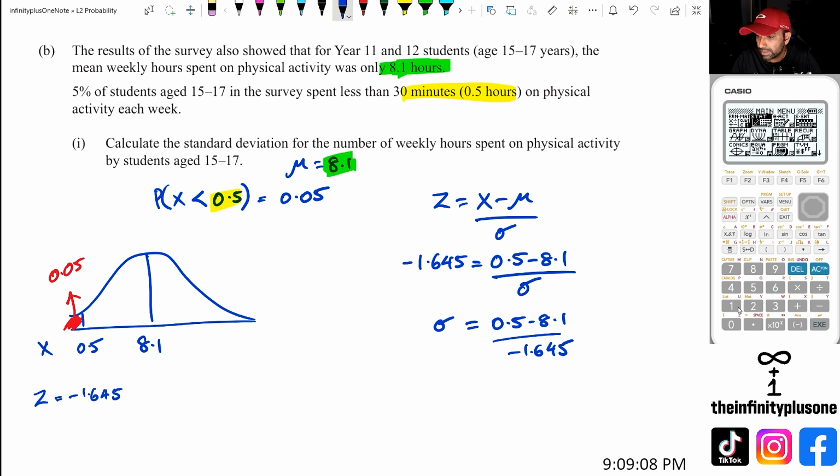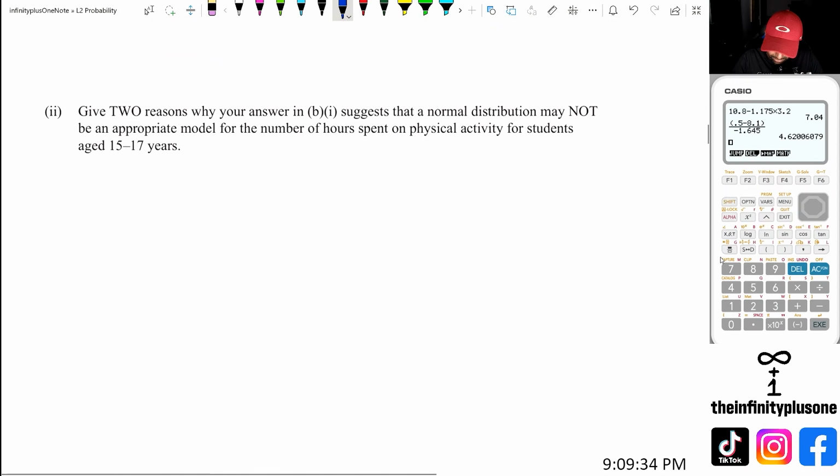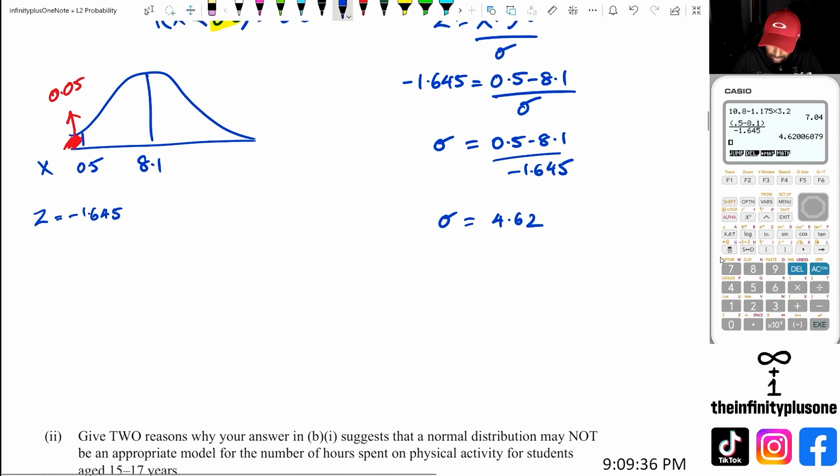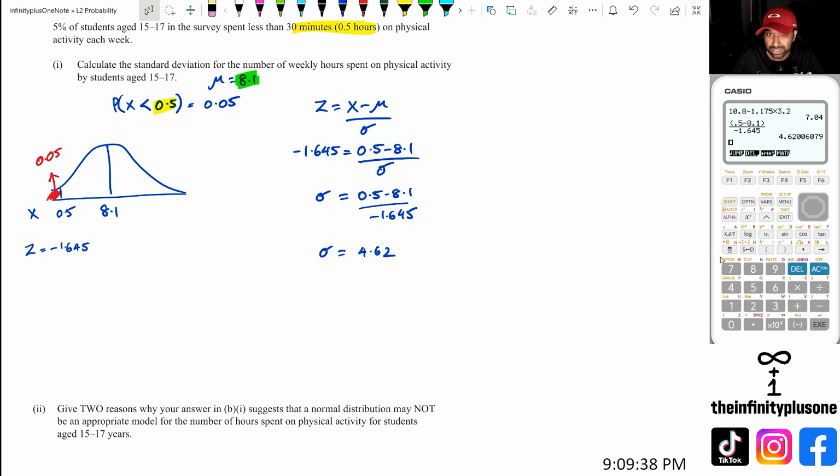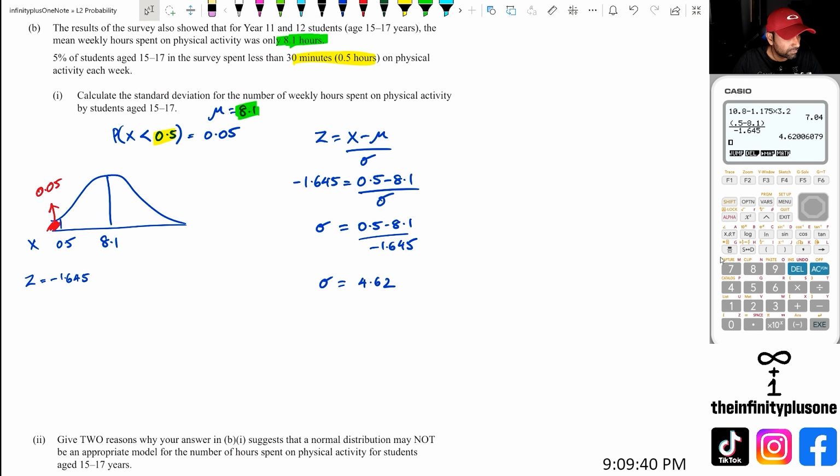So go into the calculator, and we're going to go 0.5 minus 8.1, and that's divided by negative 1.645. So that's going to give me a standard deviation of 4.62. So grades-wise, this is one of those weird questions where it looks like both of these questions are linked up. So I'll do this part first.